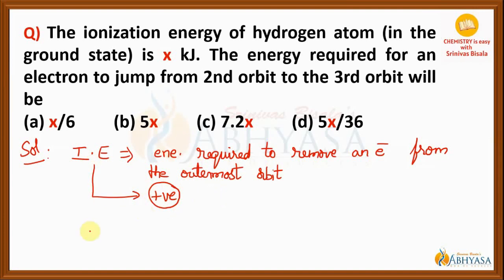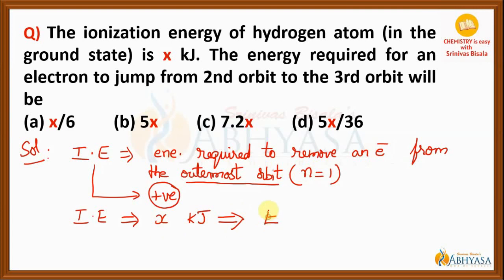And in this numerical, the ionization energy of hydrogen atom is given as x kilojoules. For the case of hydrogen atom, the outermost orbit is equal to 1. Isn't it? Means whatever is the ionization energy given for this hydrogen atom, that itself is the first orbit energy.